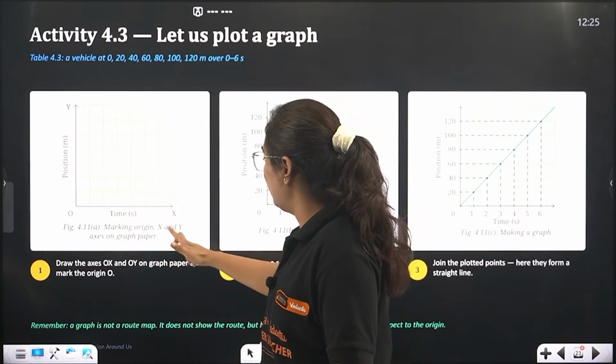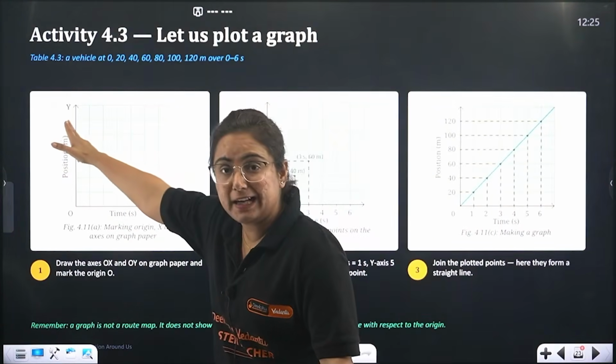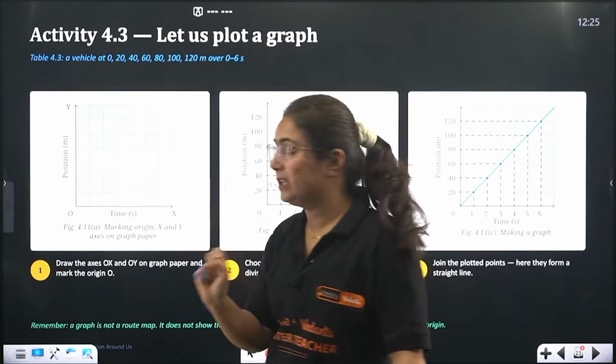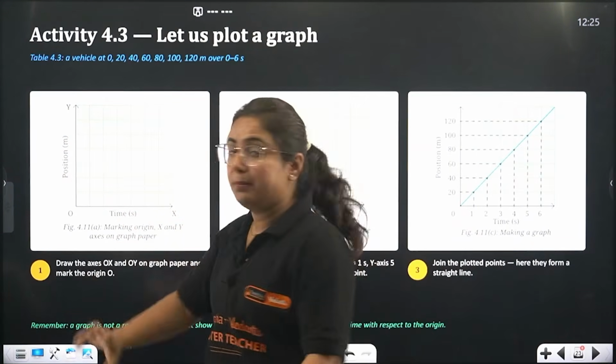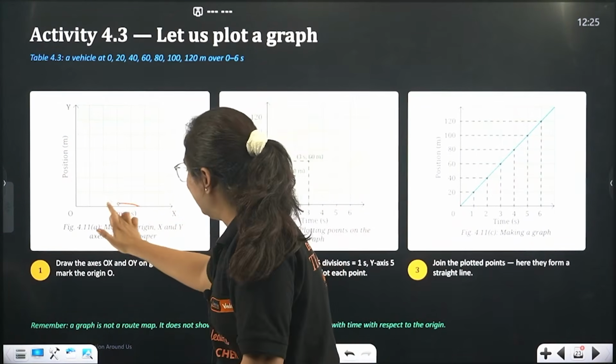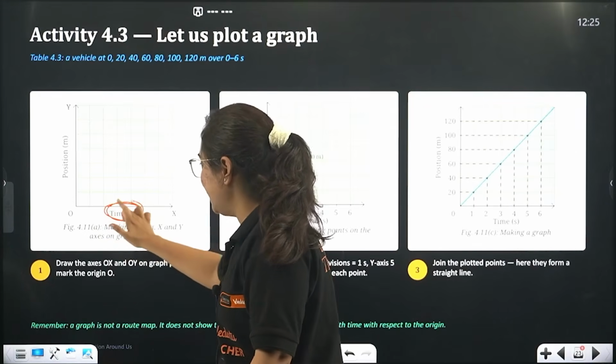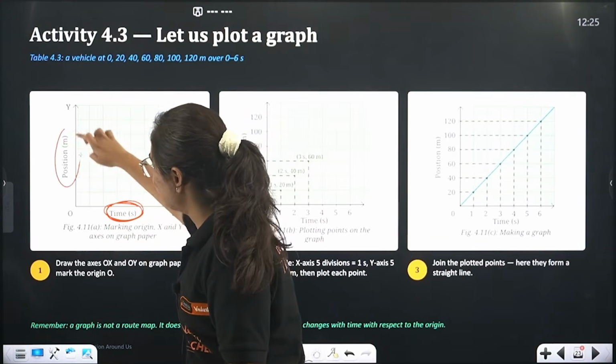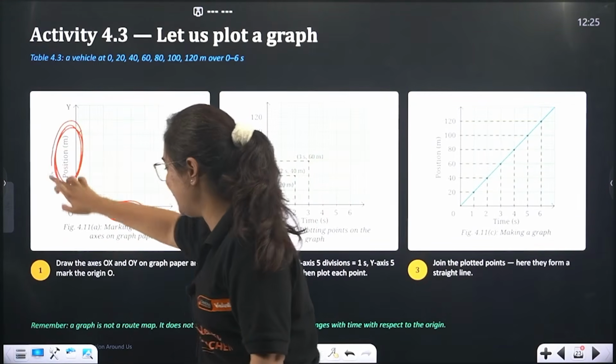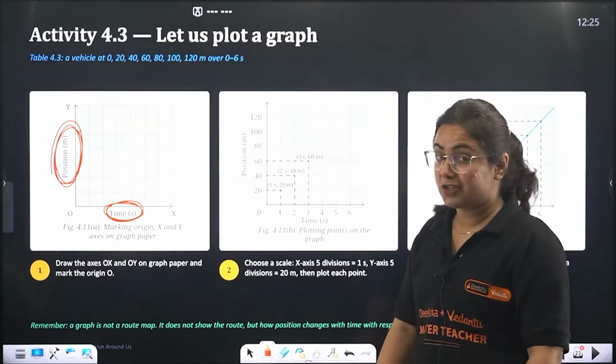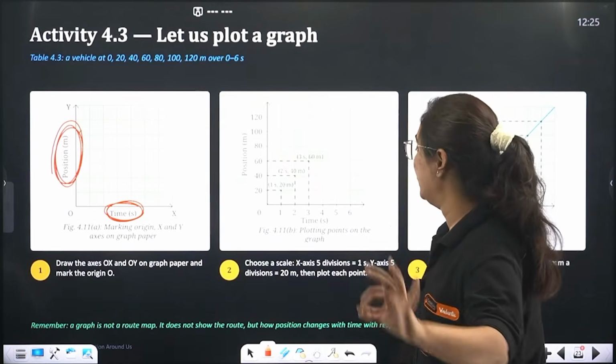You have to mark the origin, x here and y there and 0 here. Basically, majority of times we will be plotting time on the x-axis and position of the object on the y-axis.